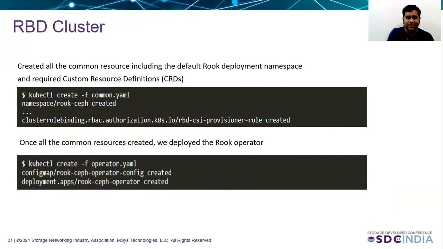Then we create all the common resources, which include the Rook default deployment namespace and the required custom resource definitions, the CRDs. Once all the common resources are created, we deploy the Rook operator.